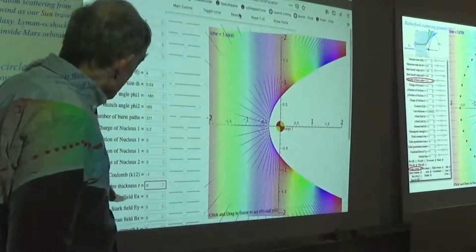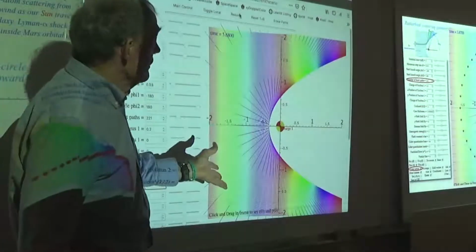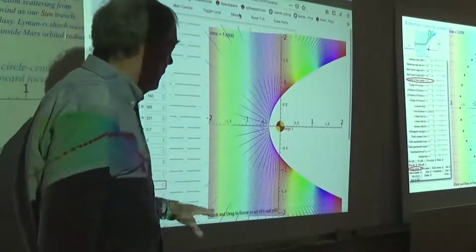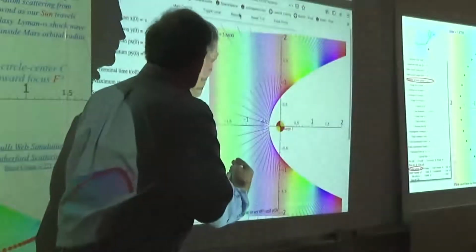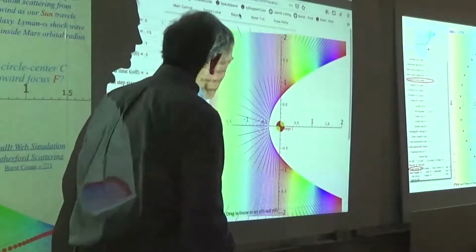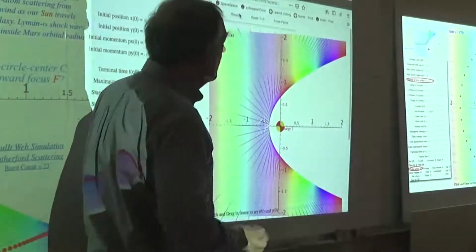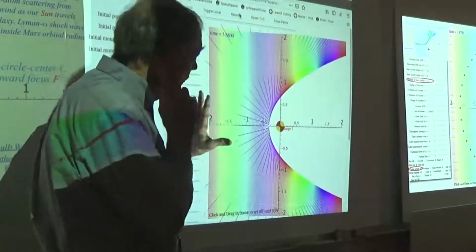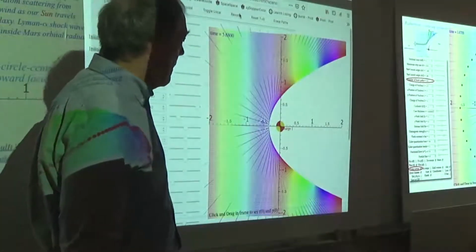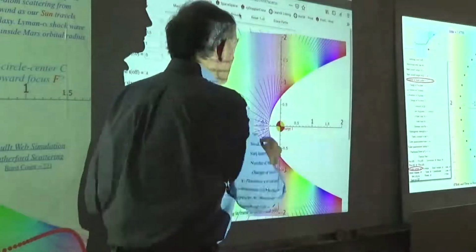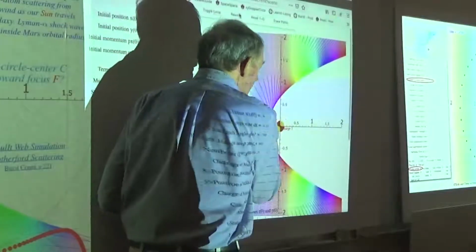TC has made the program so that you can plot the action, just picking up particular units, but the colors here represent the actual quantum wave that would be associated with the wave function for this whole scattering event. The only thing that's missing, of course, is the amplitude of that wave.